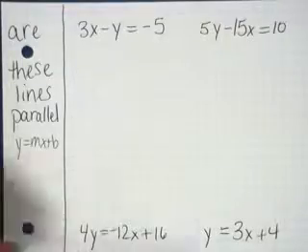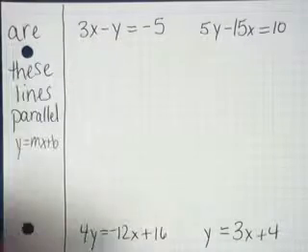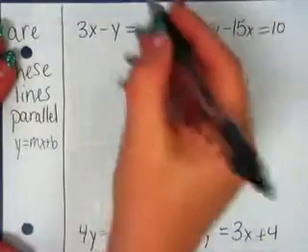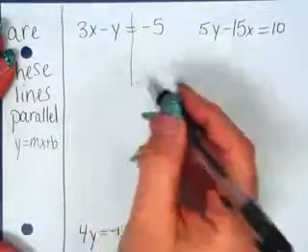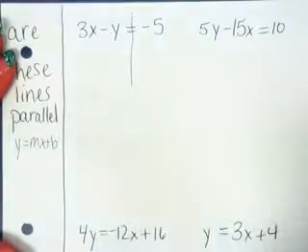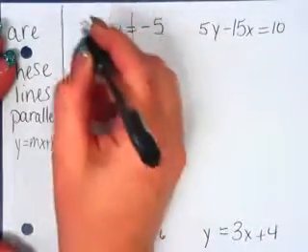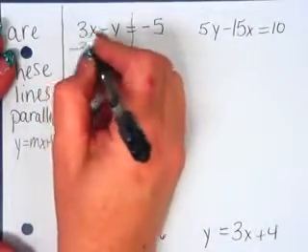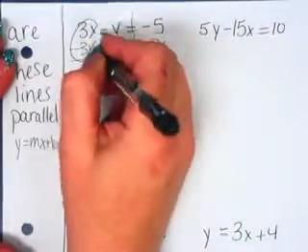Okay, so now we need to find out if these lines are parallel. Using the slope and the y-intercept, we can determine that. First we want to get into y equals mx plus b form. So we're going to solve our equation for y, get the y by itself. We're going to draw our mirror, and do opposite operations. We want to get rid of the 3x, so we subtract 3x from both sides of the mirror. This gives me the 0.